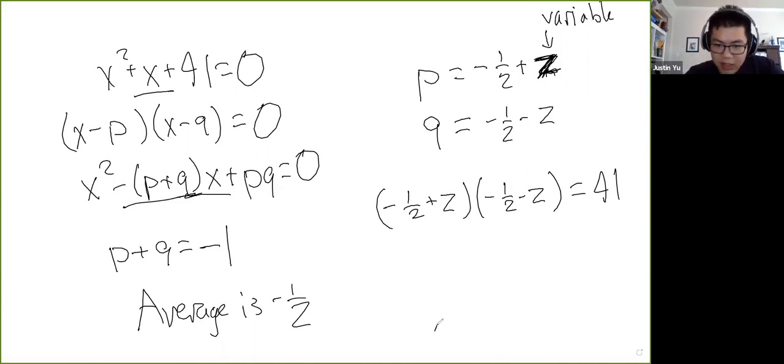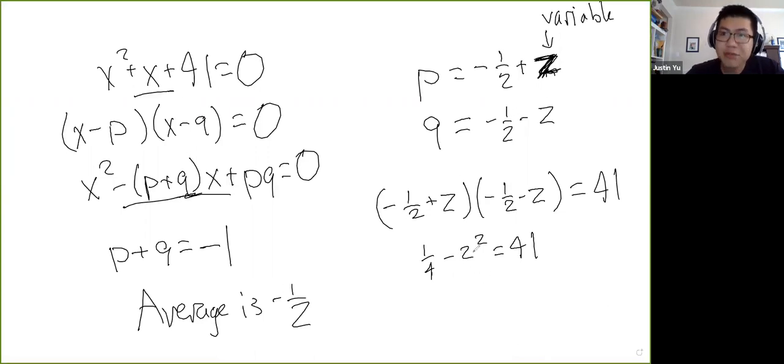Difference of squares basically says the following, that this expression can always be factored. But if you don't know that, don't worry, because all we have to do here is just FOIL the heck out of this thing. And eventually we get 1/4 minus z squared is equal to 41.